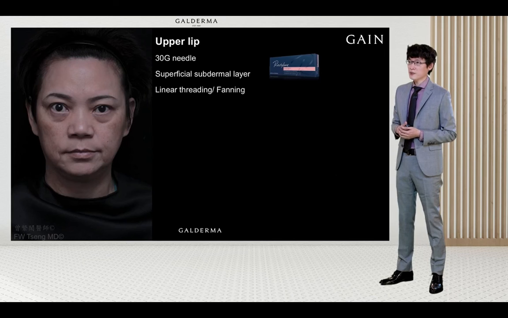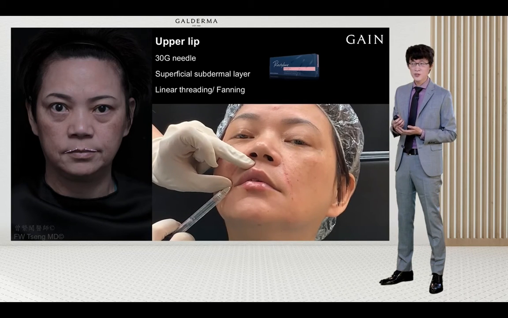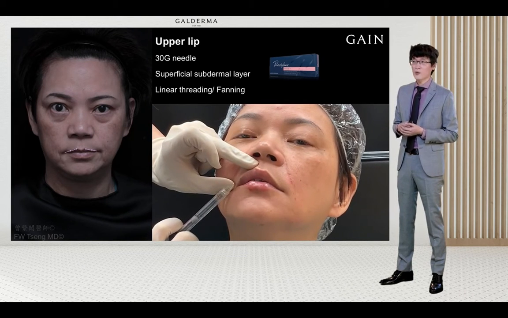And in the upper lip, I would inject from the vermilion border. And if I want to do volumization, I would do a fanning injection. But if I don't want to volumize, if I only want some definition in the vermilion border and some contouring, then you can skip the vermilion body and only inject the vermilion border. So I would use a 30 gauge needle with KISS.